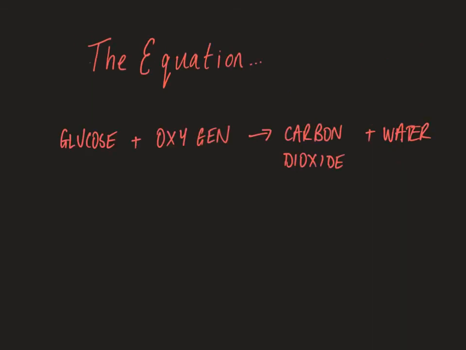So the equation for respiration is this: glucose plus oxygen goes to carbon dioxide and water, which is an equation I think that many of you will be entirely familiar with. It gets a little bit more tasty when we add in the symbols.